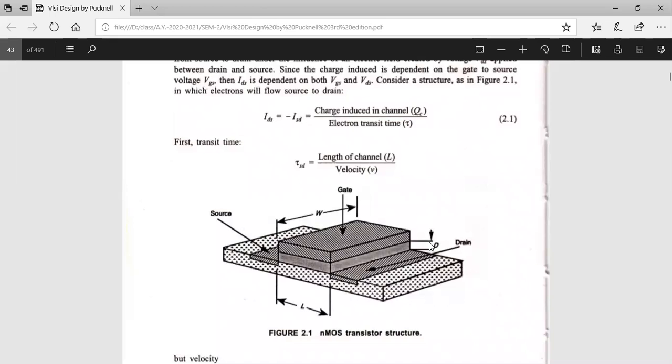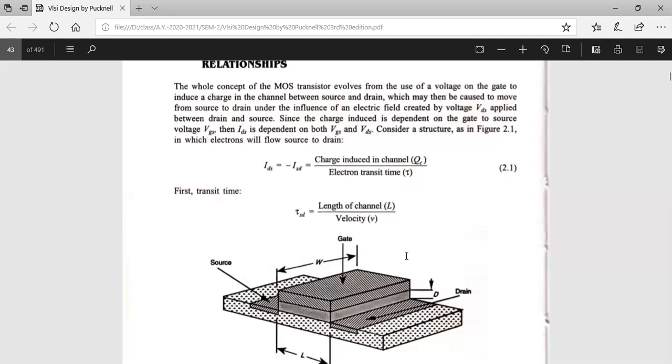That is the thickness of the silicon dioxide. You can see here, this whole concept of the MOS transistor evolves around the voltages of the gate and the drain. In the explanation, first I create some voltage difference between the gate and the source, and if it is an N MOSFET, I give a positive voltage.